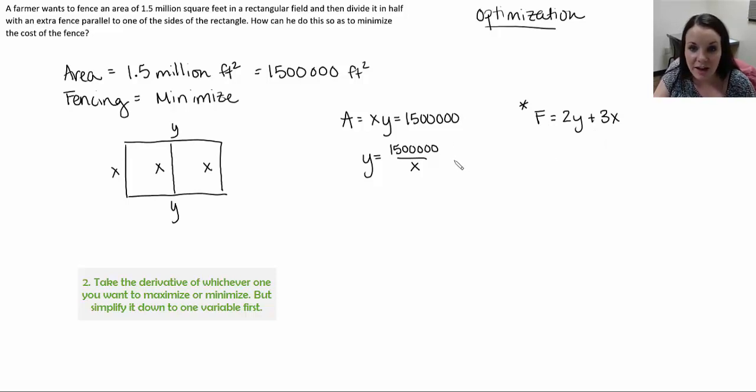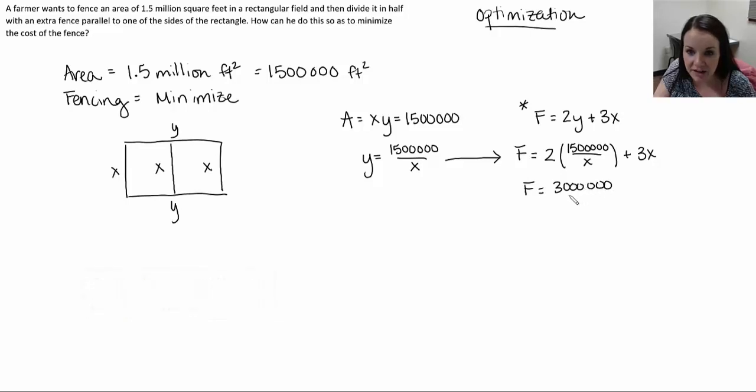The way that I do that is I plug this into my fencing equation, which will simplify it down to just X. So I plug in my 1.5 million square feet over X, plus my 3X, and I simplify. What I end up having is 3 million divided by X plus 3X.